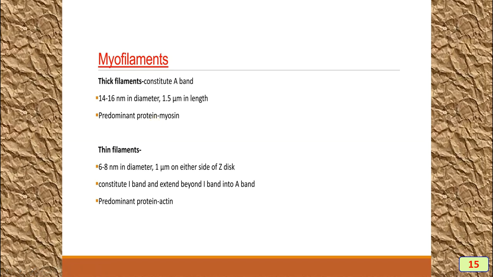Thin filaments are 6 to 8 nanometers in diameter, 1 micrometer on either side of the Z disc, and constitute the I band and extend beyond the I band into the A band, and the predominant protein is actin.